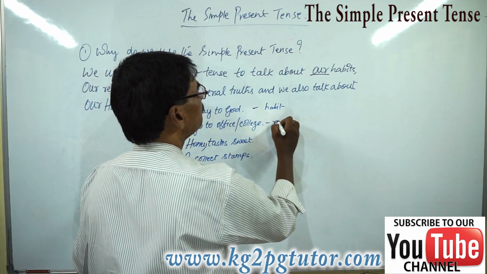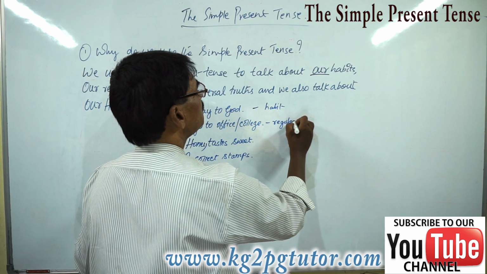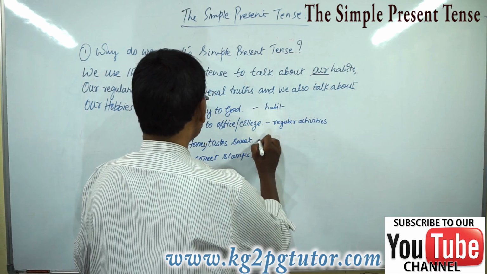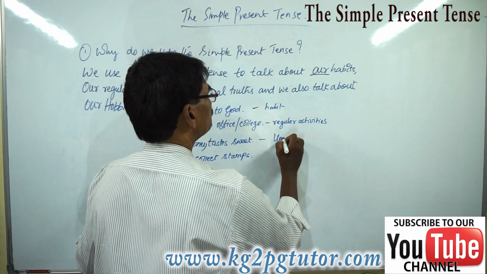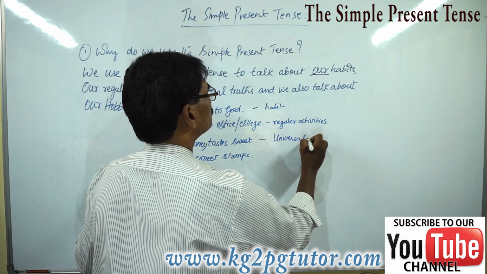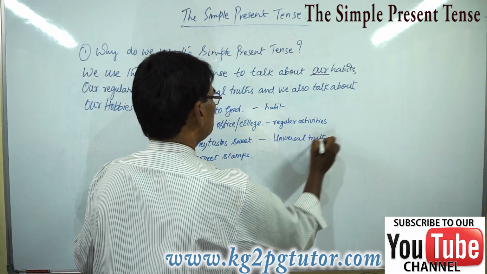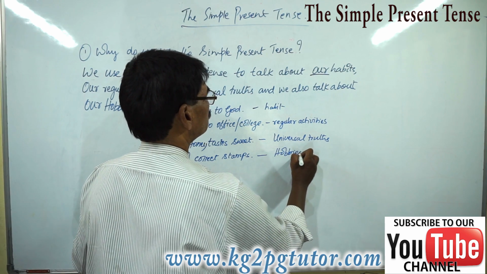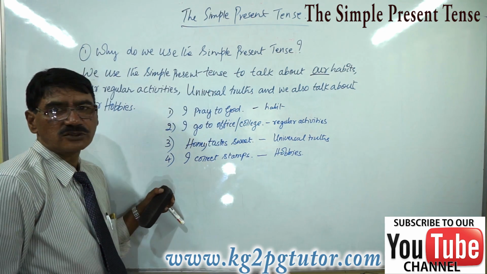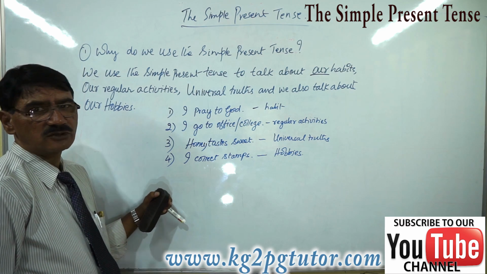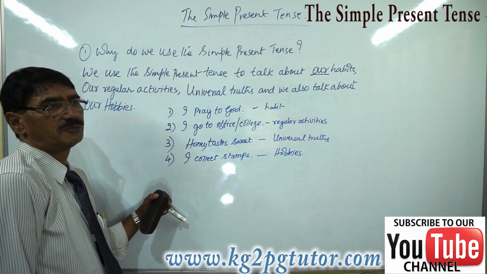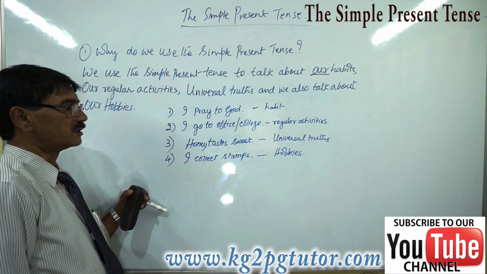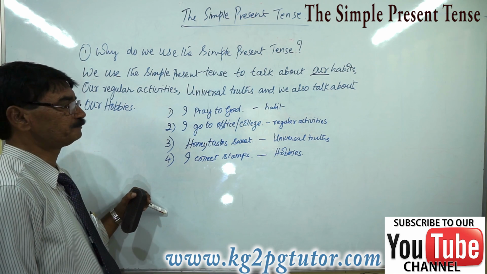Here we have got an example for regular activities. Here we have got an example for universal truths. And here we have got an example for hobbies. Your hobbies also can be playing cricket. Your hobbies also can be watching TV. Your hobbies also can be cooking or some stitching or something like that, isn't it? They are all called hobbies.